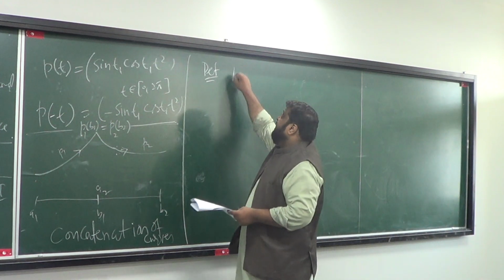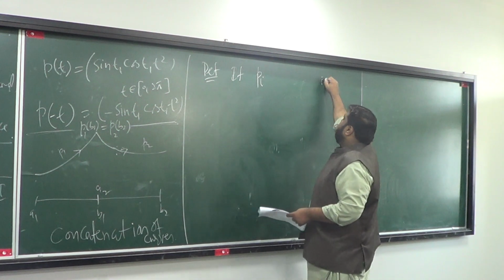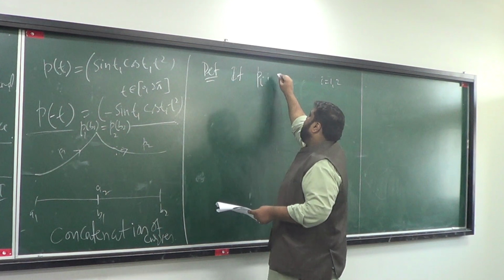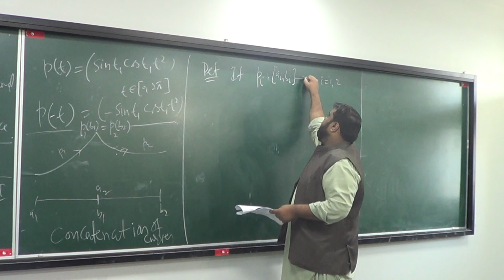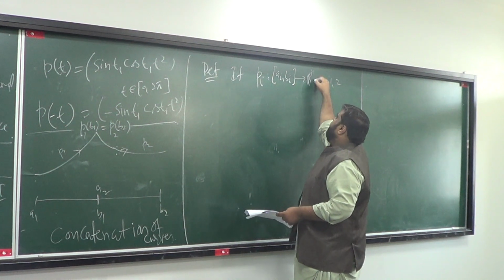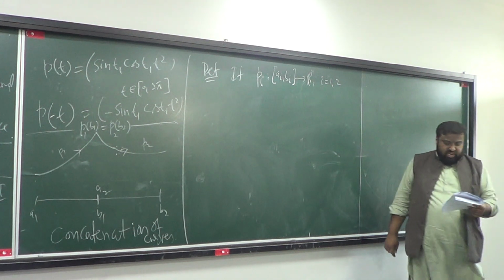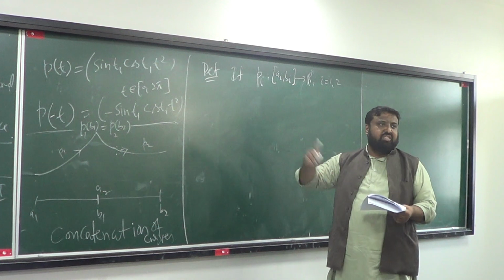Okay, so imagine I have 2 paths, Pi, where i is 1 and 2. The Pi's are maps from [Ai, Bi] into Rn. So there are 2 parameterizations, which are parametrizing 2 curves, say C1 and C2.